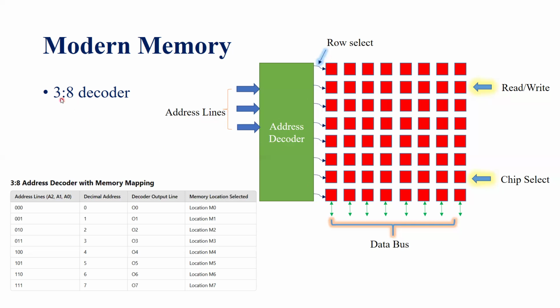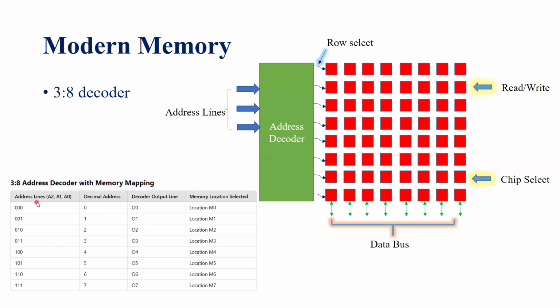For example, if you have three address lines, 2 to the power 3 would be 8 output lines of that decoder. That address decoder is called a 3-to-8 address decoder for the memory mapping. So we'll see in terms of this table how that memory mapping is done right here.